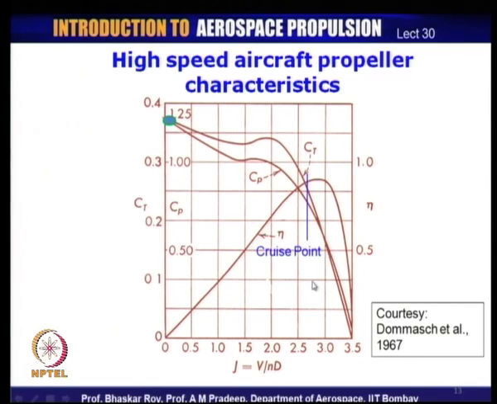And this is where you can see the advance ratios are a little on the higher side compared to the earlier one; the advance ratio shown here is of the order of 3.5 maximum, and you are probably operating at an advance ratio somewhere near 2.6. So, this is a comparatively high speed aircraft on which a propeller has been deployed for providing thrust to the aircraft.